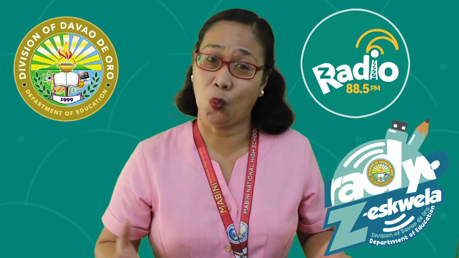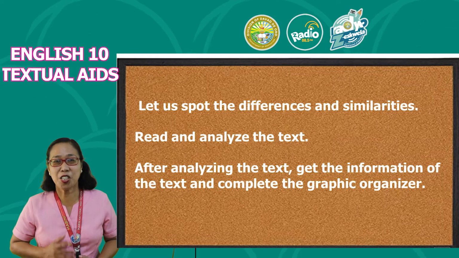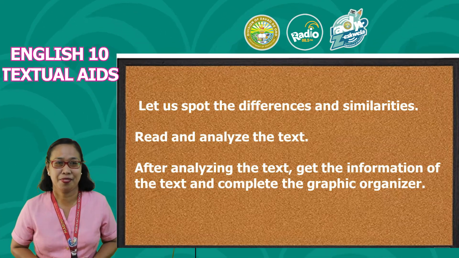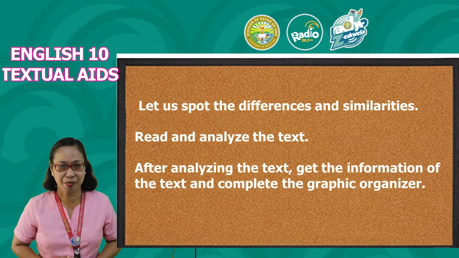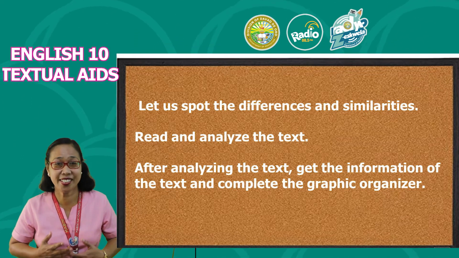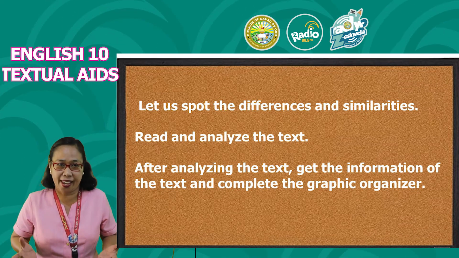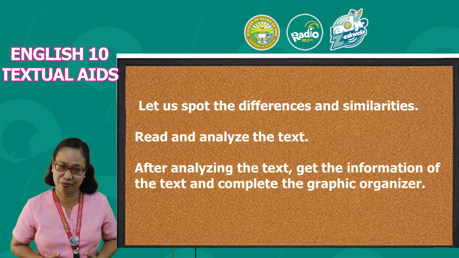Perfect! Well done, students. Now, let us spot the differences and similarities. Read and analyze the text. After analyzing the text, get the information from the text and complete the graphic organizer.